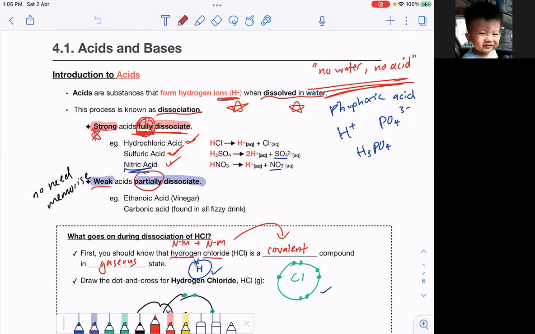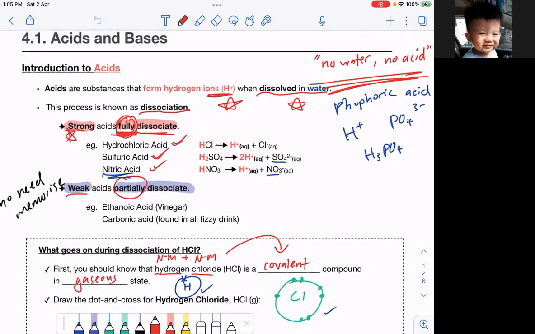What is the meaning of strong acid? Hey, I forgot, I also put it on my screen here so that you can see.